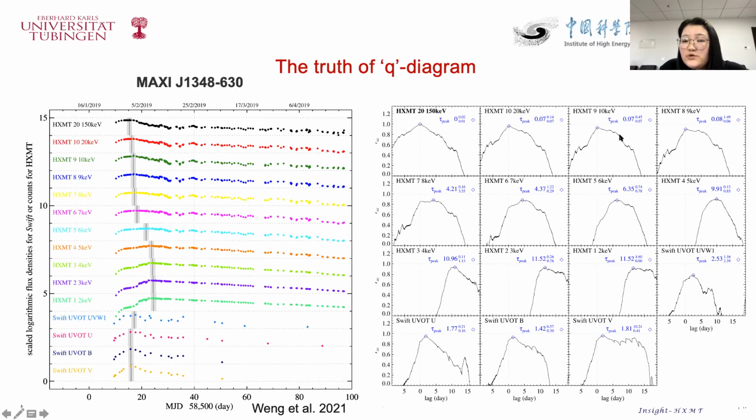When the energy changes, the time delay changes, and when the energy decreases to about 1 to 10 keV, the delay increases to about 8 to 12 seconds. However, when you compare to the Swift data, the optical and UV data, the time delay is nearly 0. It doesn't change.